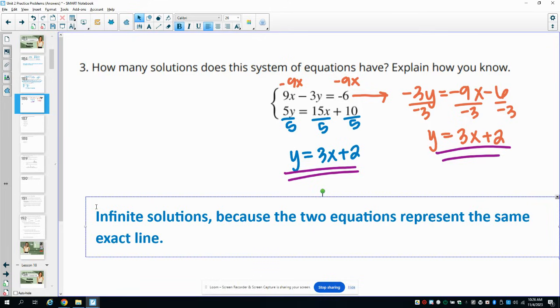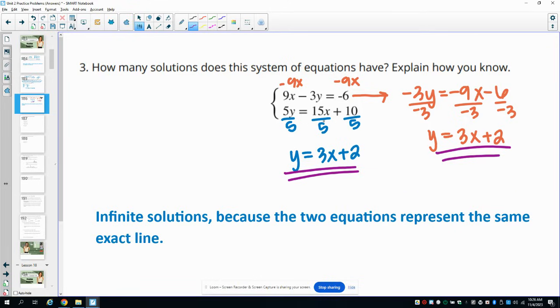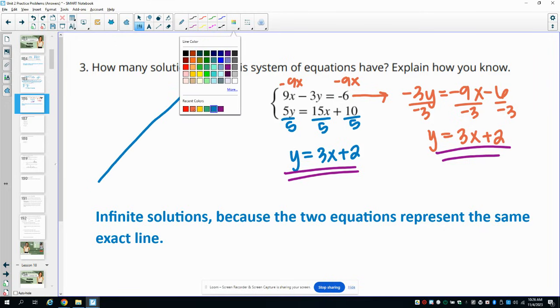So whatever's a solution to this blue one is going to be a solution to the orange one as well. So if this was the line for the blue one, then this would be the line for the orange one, and all of these points would be solutions to both of them. So infinite solutions.